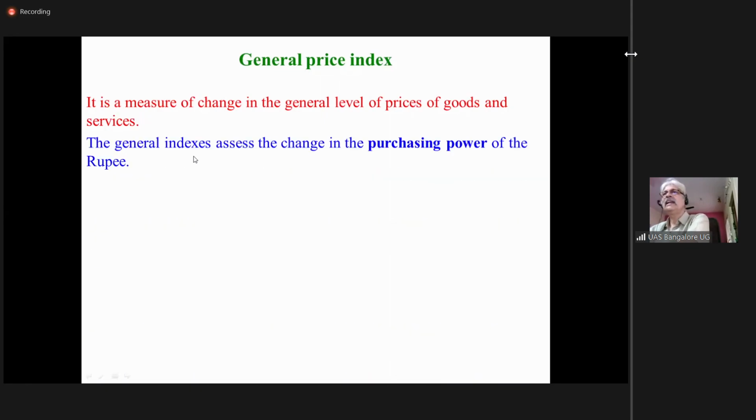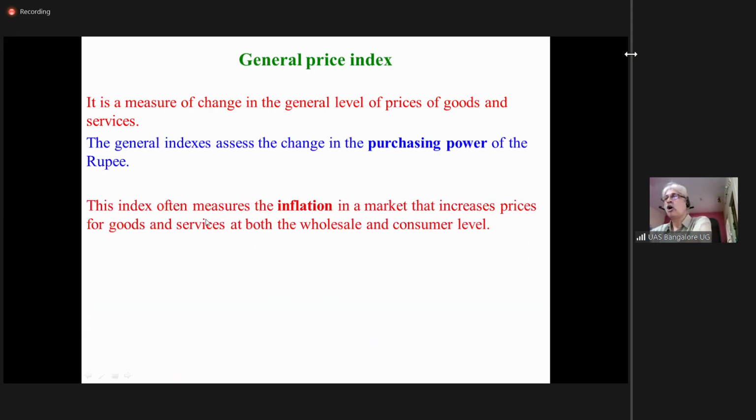The general indices, okay, assess the change in the purchasing power of the rupee. If the prices of all the goods and commodities increase, then the purchasing power of rupee comes down. Okay, as the goods become costlier and costlier, the purchasing power of our currency, purchasing power of our rupee goes on decreasing.